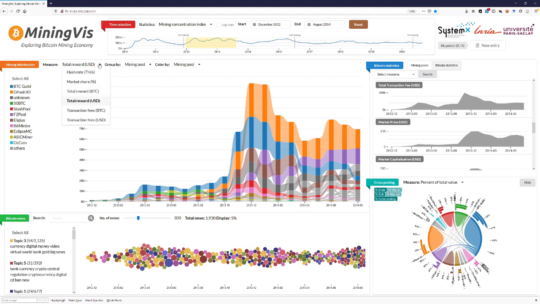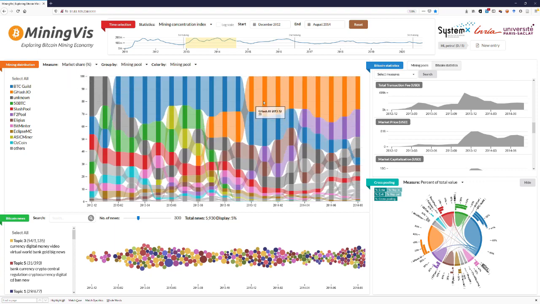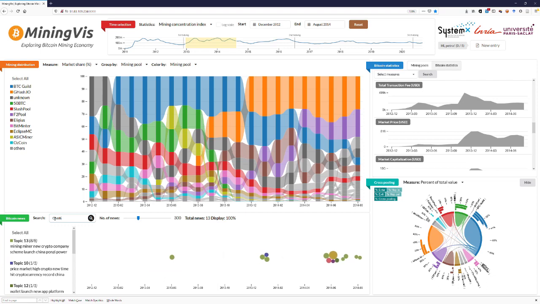Coming back to our market share percentage view, the rise of Ghash.io seems interesting. We can search the news at the bottom to see if we can find out what led to the popularity of this new pool. Browsing the titles of the news, we see instead that there seemed to have been fear over Ghash nearing 51% of the total market share, and therefore being able to manipulate the system.